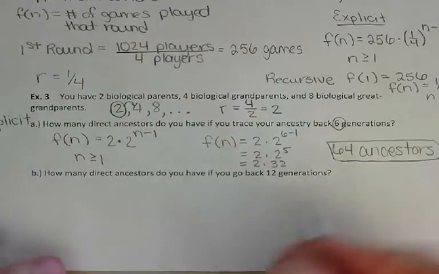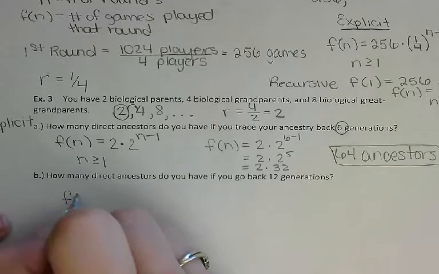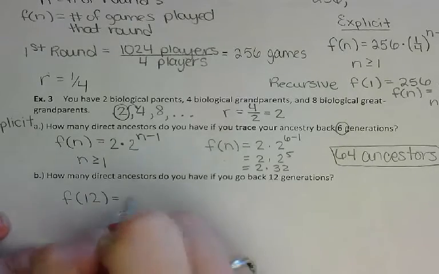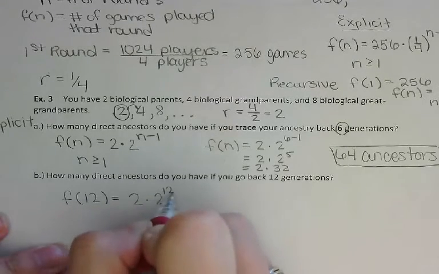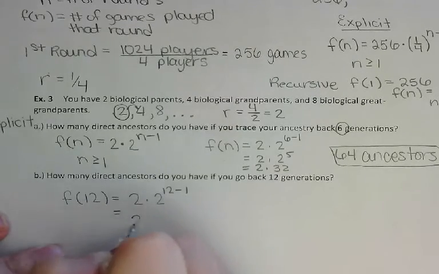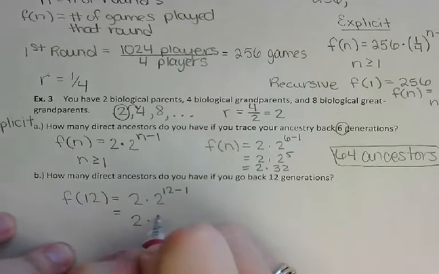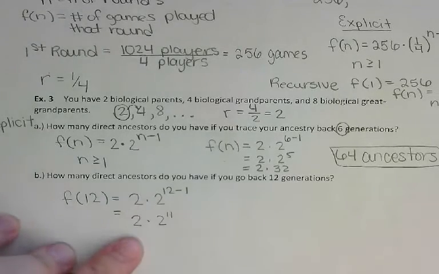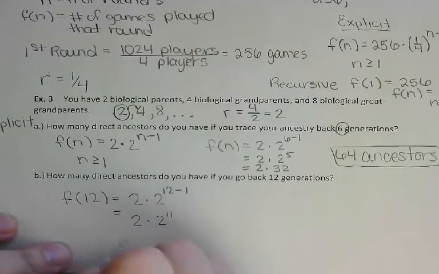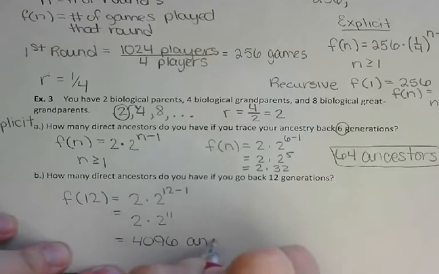Okay, what about if you go 12 generations back? So if you plug in a 12, we're going to say 2 times 2 to the 12 minus 1, so 2 times 2 to the 11th. So we get 4,096 ancestors.